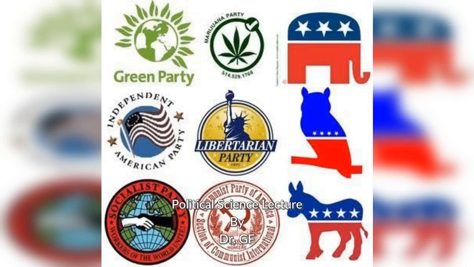The third party system, which stretched from 1854 to the mid-1890s, was characterized by the emergence of the anti-slavery Republican Party, which adopted many of the economic policies of the Whigs, such as national banks, railroads, high tariffs, homesteads, and aid to land grant colleges.